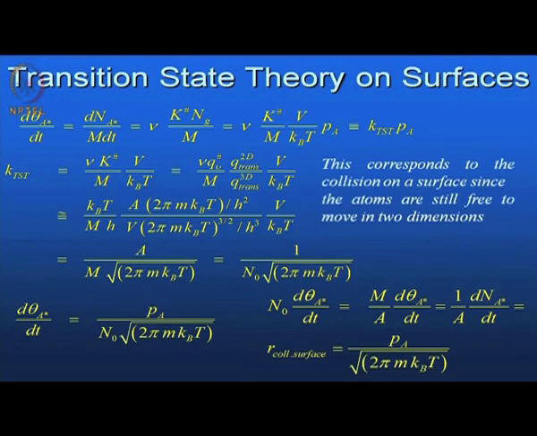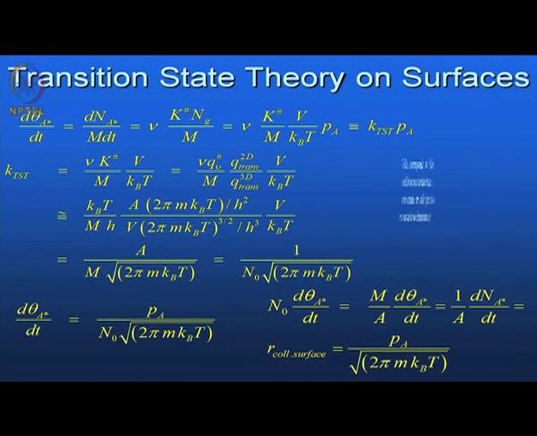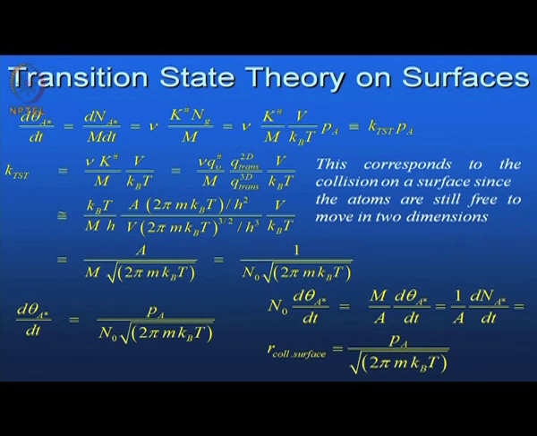Okay. So, this corresponds to collision on a surface, okay, since the atoms are still free to move in 2 dimension. Okay. So, it is basically, as I told you, that surface collision. Okay. So, ultimately we ended up with a very simplified expression that d/dt of theta A star has got P A divided by n0 into square root of twice pi m kB T. Okay.